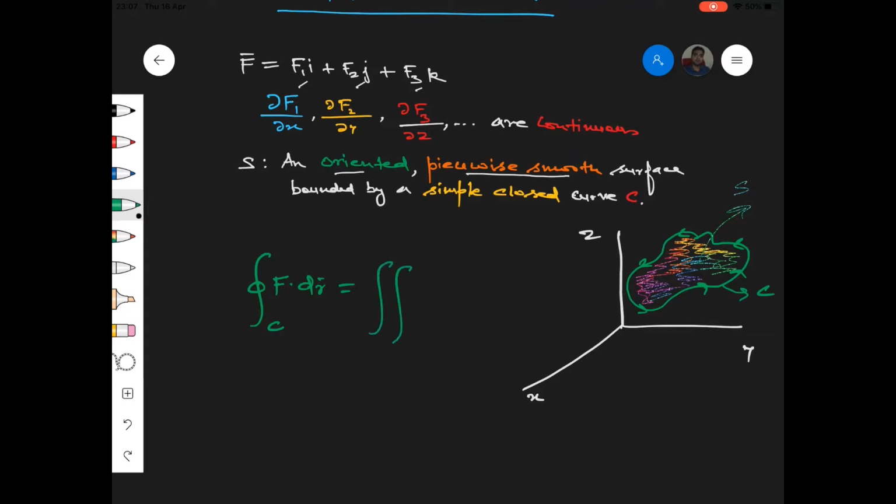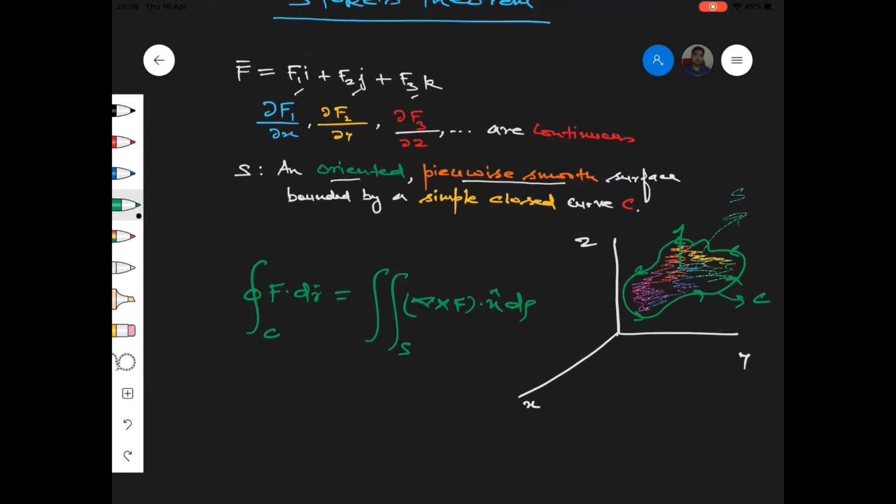This is equal to the double integral of curl of F dot n cap d rho over the surface S. Here n cap is the unit outward normal to the surface S, and del cross F, obviously, is the curl.